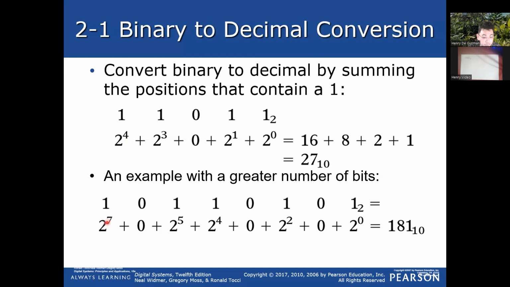So this is 128 plus 32 plus 16 plus 4 plus 1, that is 181 base 10.